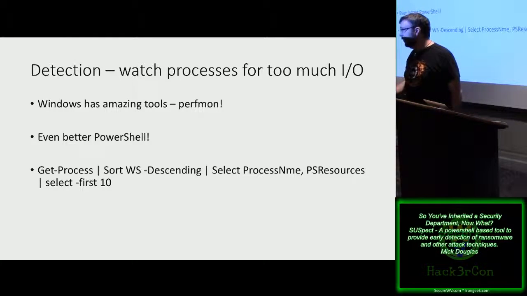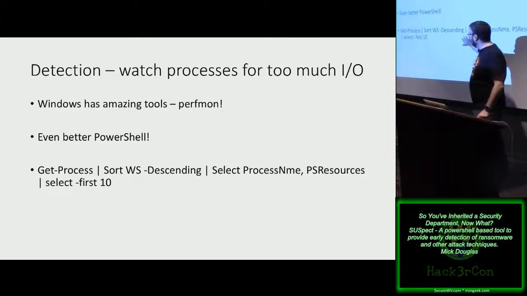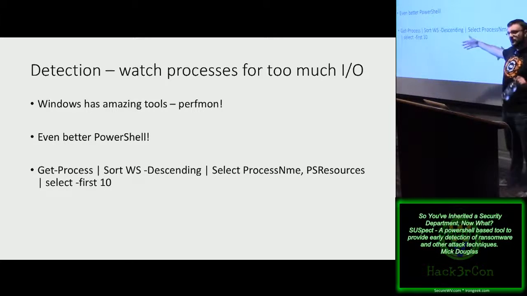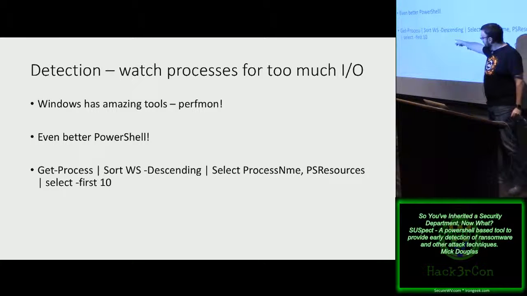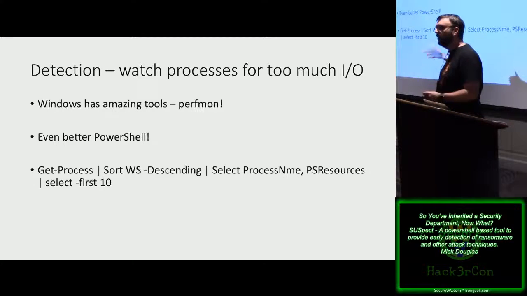Other things to be on the lookout for is detect when things are starting to use too many file handles. Normal users only have a handful of files open at a time. Normal processes only have a handful of files open at a time. What you can do is run this command, and I grant you, it's a little bit of a long command here, but what you're doing is grabbing the file objects.